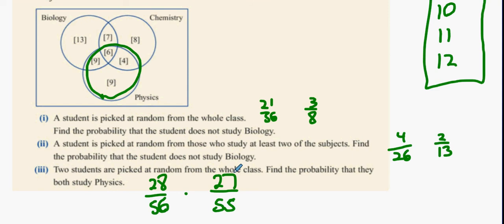I send him outside the door. In class right now, before I do the second pick, there's 55 students, 27 of which do physics. Now I need to pull another student that does physics. I have a 27 out of 55 chance. So I multiply both of these by each other, and what do we get? 27 over what? Yeah, no bother. You can check the back if you want. Pretty sure that's right. And we're done.